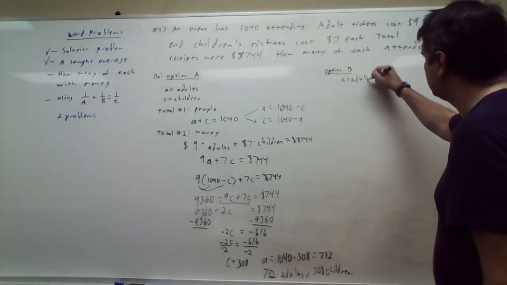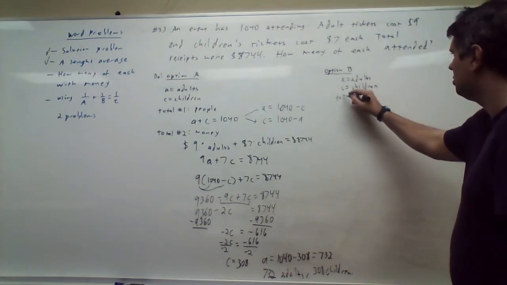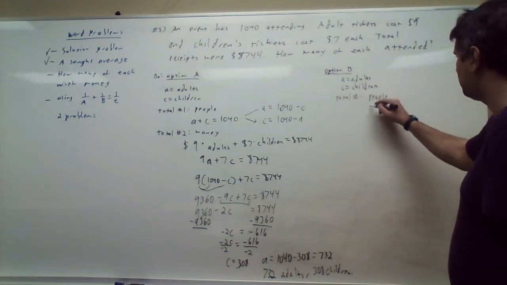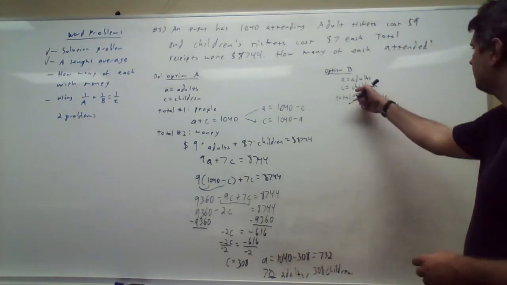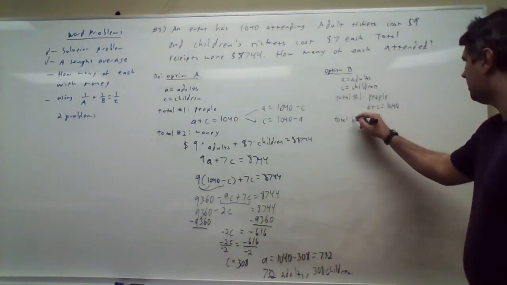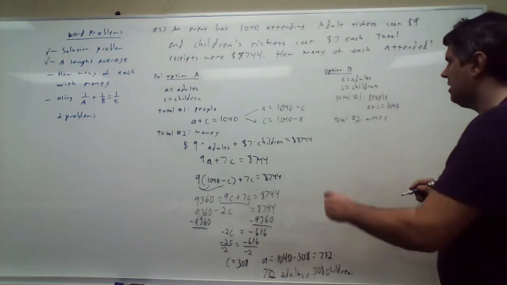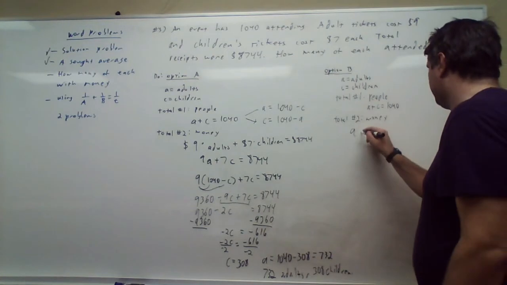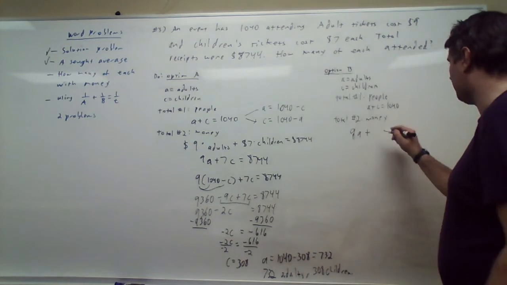A is adults, C is children. Total number 1, people. So A plus C is 1,040. Total number 2, money. Okay, as far as money goes, it's going to be the $9 times adults plus $7 times the children.